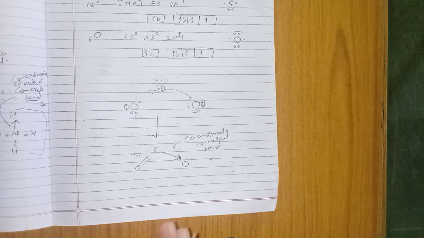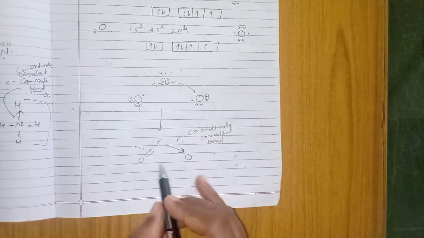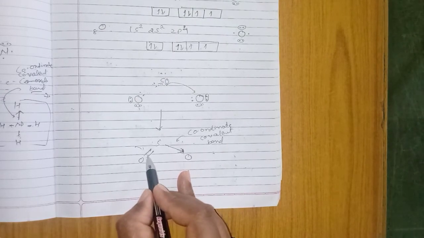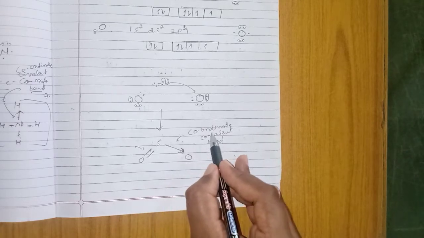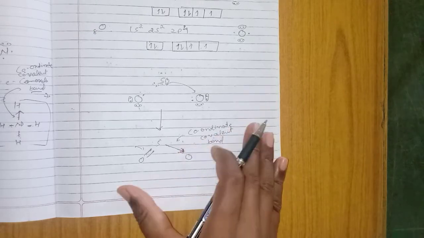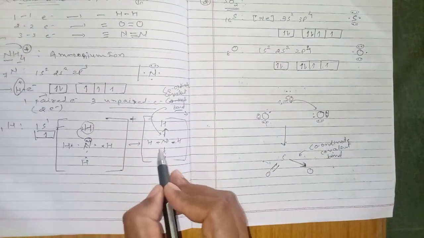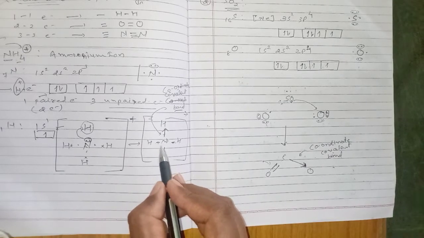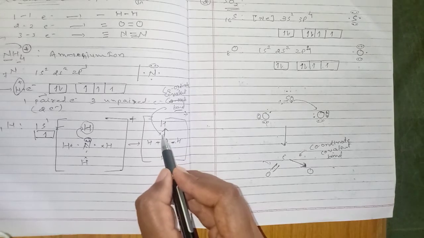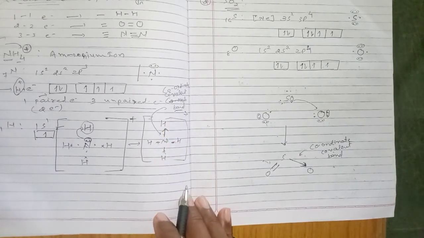In this example there is a double bond and a single coordinate covalent bond, while in the case of the ammonium ion there are 3 single bonds and 1 coordinate covalent bond.